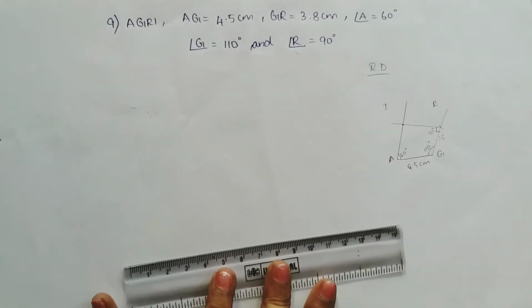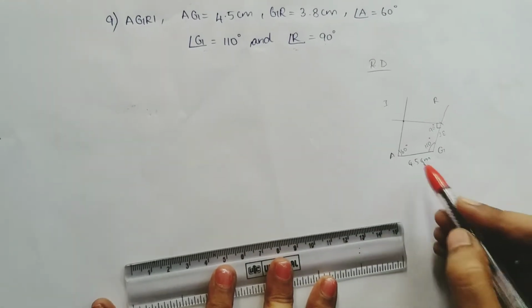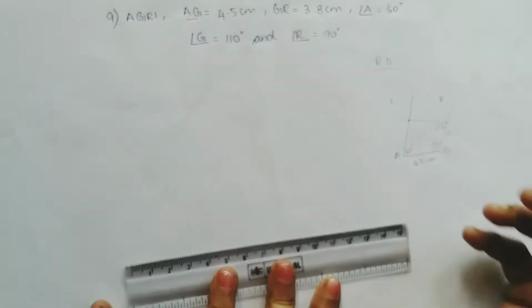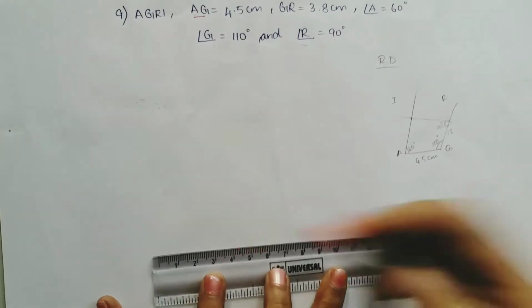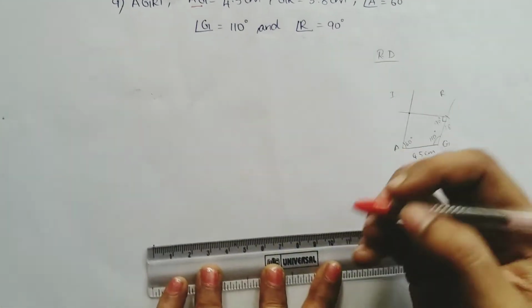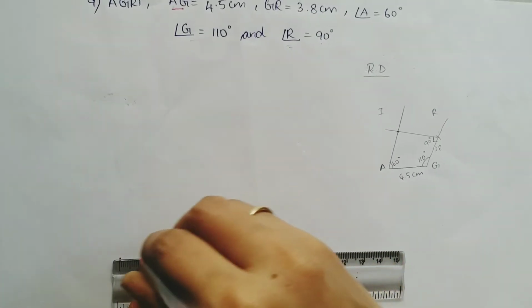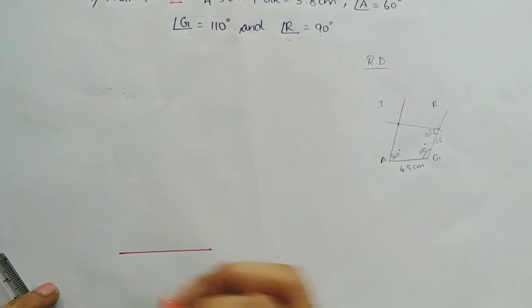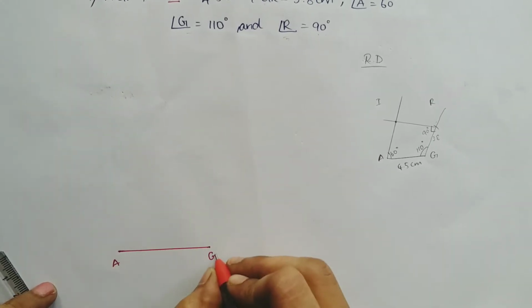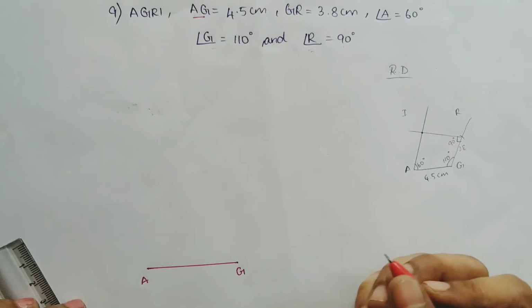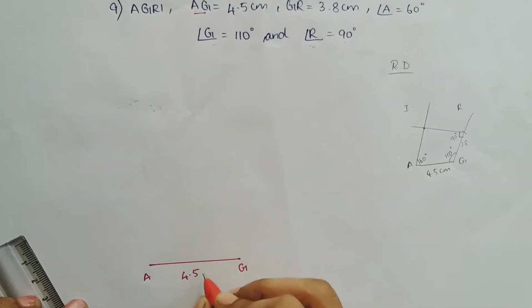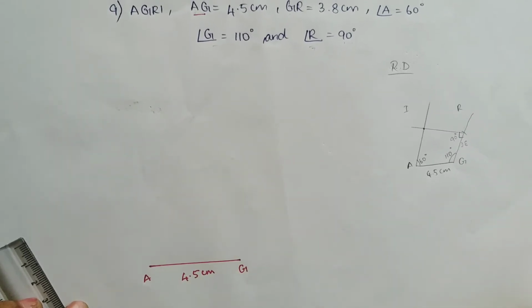Now for the FAR diagram, first we are going to draw the baseline AG 4.5. AG is equal to 4.5 centimeter.